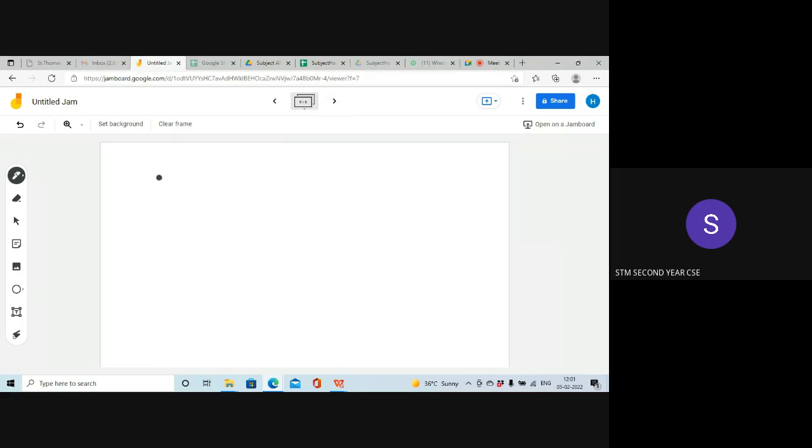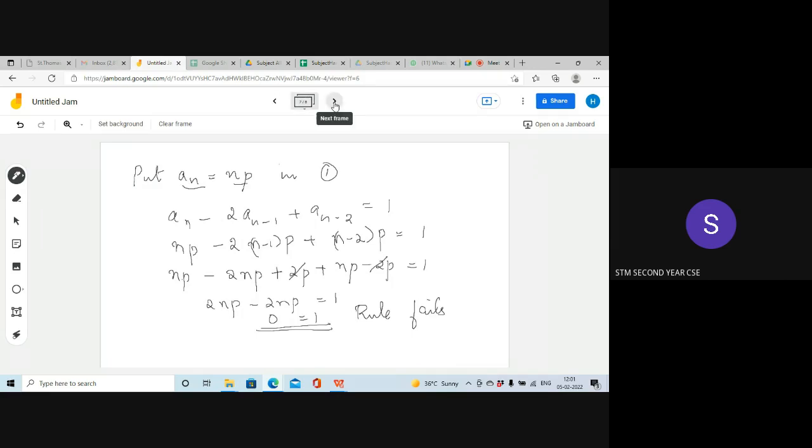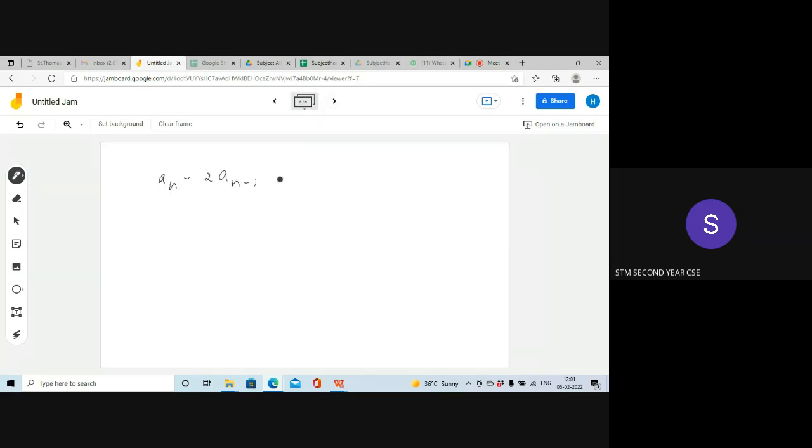That is, an minus 2 into an minus 1 was the question, plus an minus 2 is equal to 1. Here in this, put an is equal to n square p, isn't it? P is a constant, okay. Put an is equal to n square p, then what will you get?